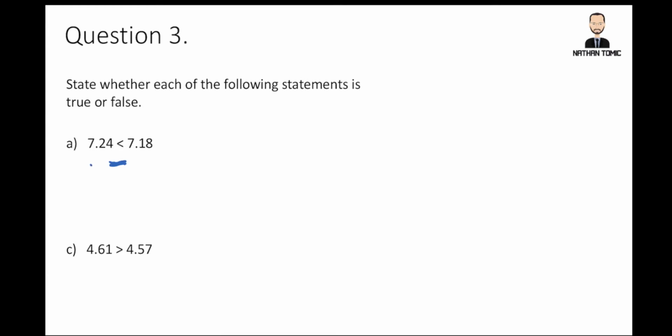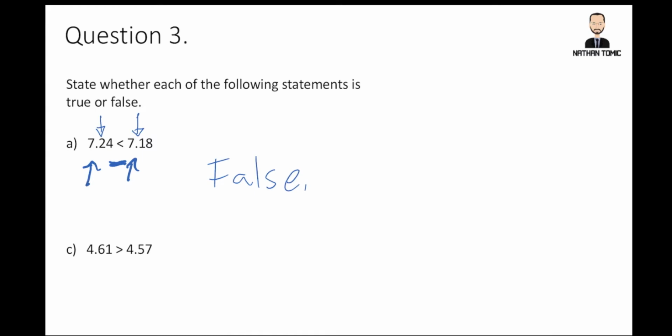So in this case, our units are both the same. Therefore, 7. The first value directly after the decimal point is a 2, and then a 1. So the question is, is the 2 less than the 1? Is having 2 tenths less than having 1/10? And we should be able to realize that that is incorrect, so the answer here would be false.